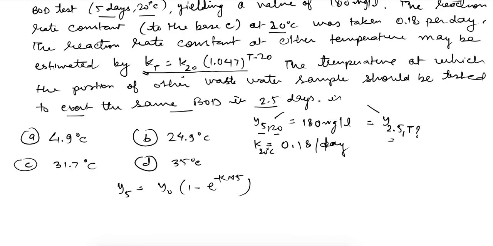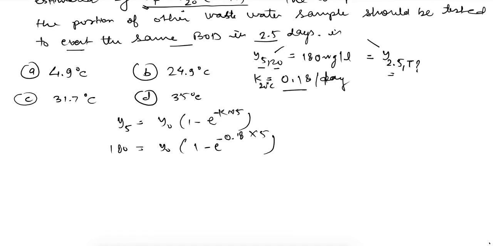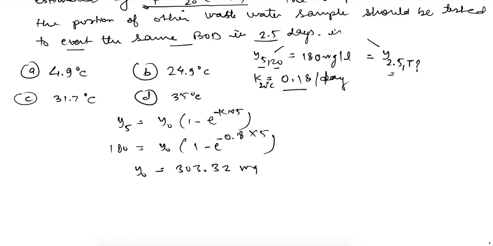So 180 equals Y naught, which we have to find, into 1 minus e to the power minus 0.18 into 5, where k is given for 20 degrees Celsius as 0.18. If you solve this, Y naught is equal to 303.32 milligrams per liter.